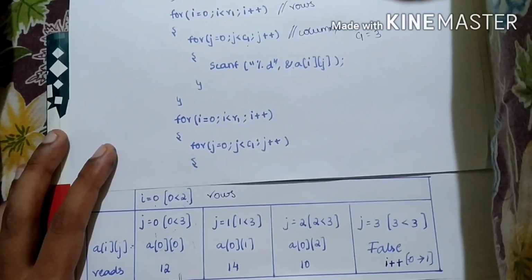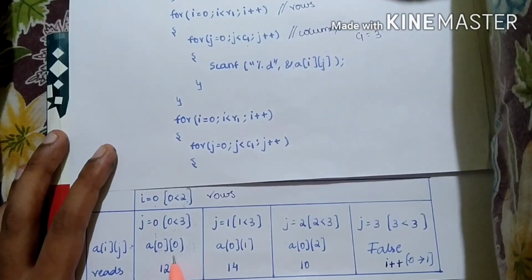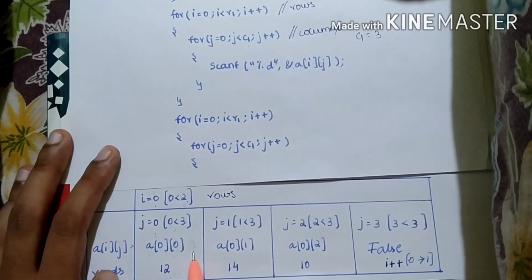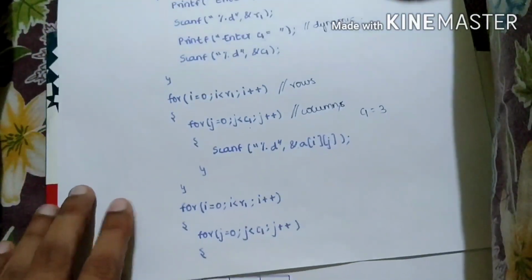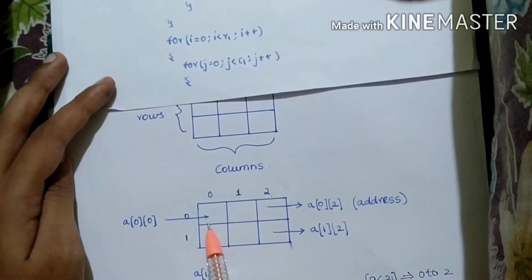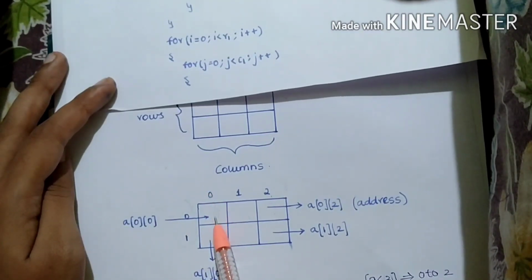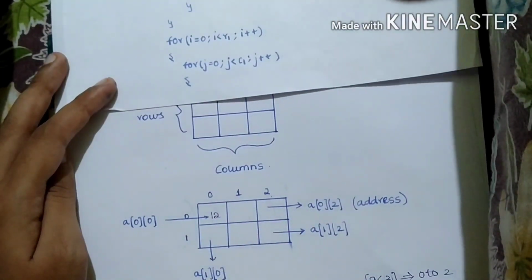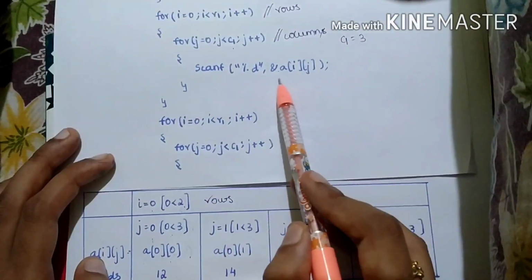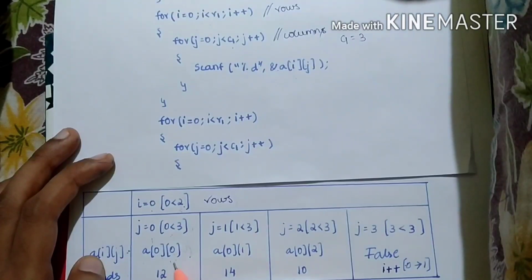I have entered 12 dynamically, so this value will be stored in a of 0 of 0. That means in a of 0th row and 0th column, the value 12 will be assigned.